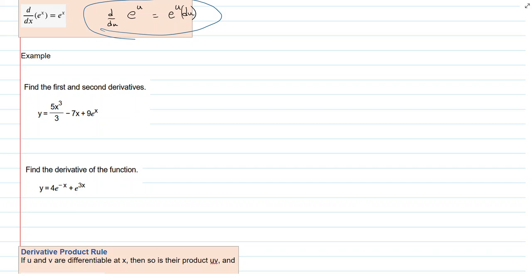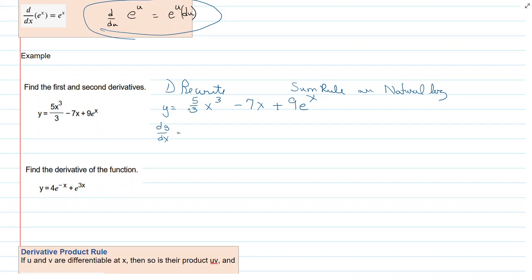So in this case, the first step would be to rewrite. Right. So in this case, we're using first the sum rule and natural log. Okay, so in this case, if I want dy dx, then I'm going to multiply by 3, and that gives me a 5x to the second, right?